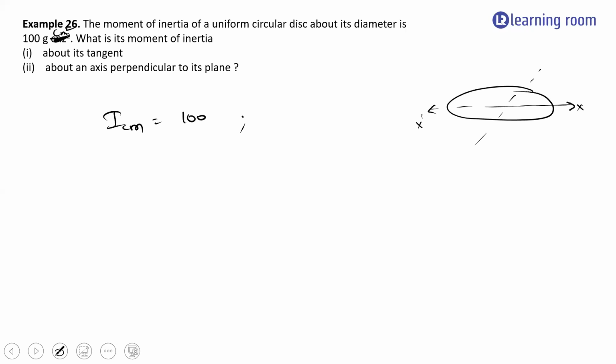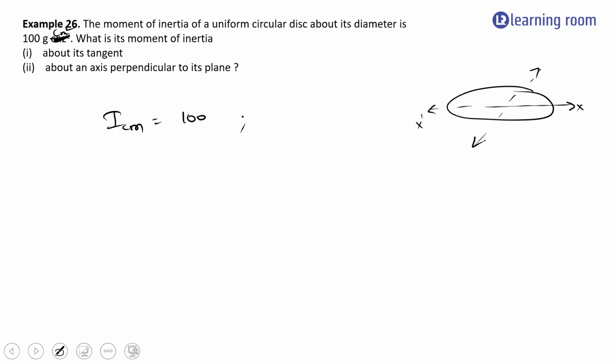Because the moment of inertia of a disk about an axis perpendicular to the plane and passing through the center of gravity is MR square by 2.